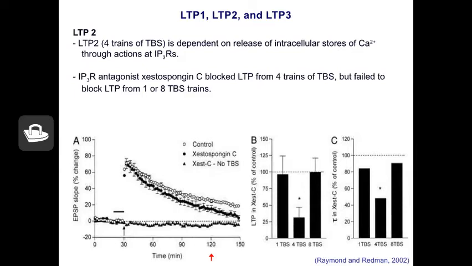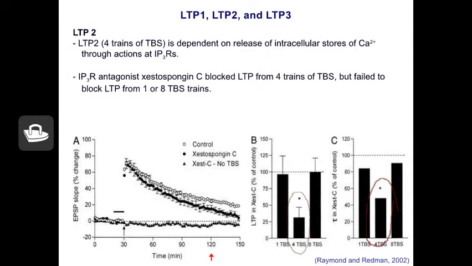In this case, xestospongin decreased the potentiation for slices stimulated with 4 trains of theta burst stimulation, and decreased the magnitude and the duration, or time constant, of potentiation for LTP2.